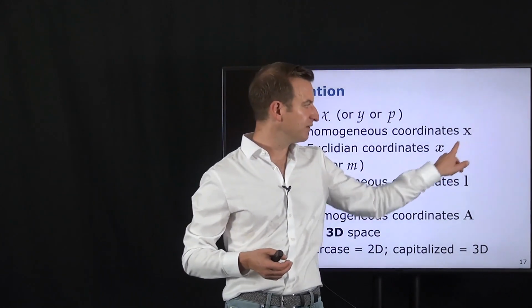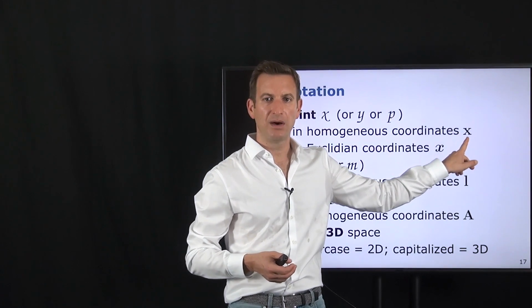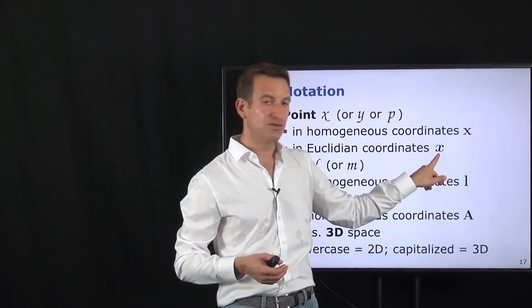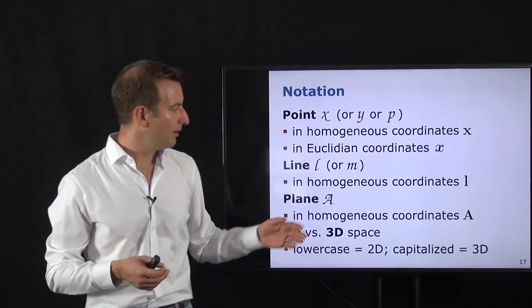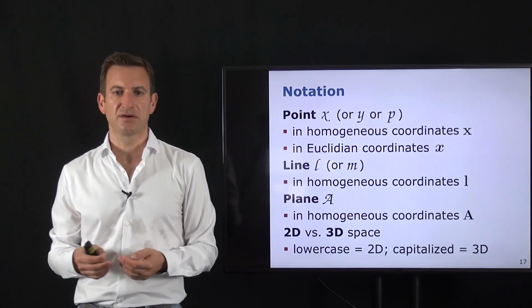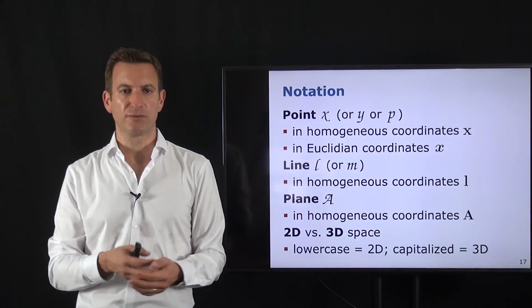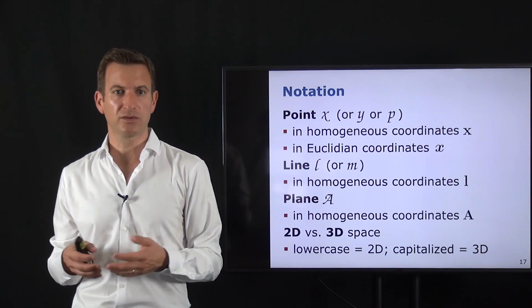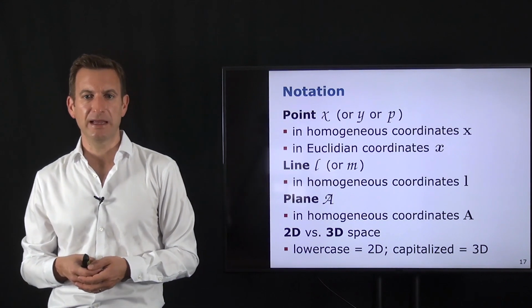And for that, we'll be using different fonts. So if you see this type of font, we are talking here about homogeneous coordinates. If we use this type of font, we are talking about something represented in the Euclidean world. L or M typically refers to lines and A to planes. And another thing which should make your life easier: everything which is lowercase means we are referring here to the 2D world. So for example, the 2D Euclidean world, if we move on a plane or live in a plane.